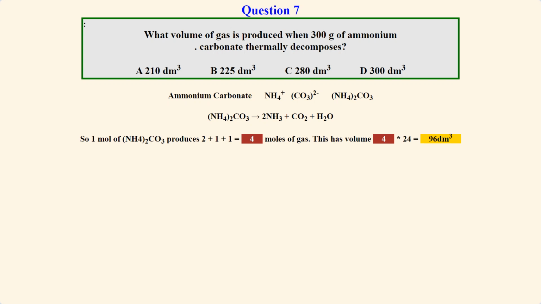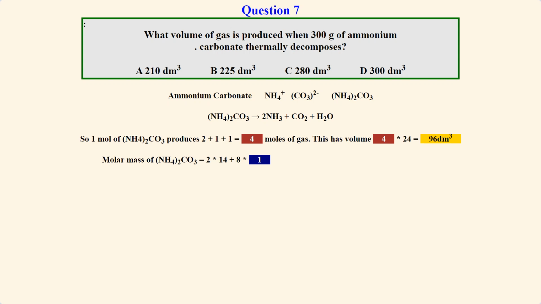But we've got 300 grams of ammonium carbonate, so we need to work out how many moles that is. So first of all, we want the molar mass, so let's do it. We've got 2 nitrogen atoms, so 2 times 14, 14 the atomic mass of nitrogen.